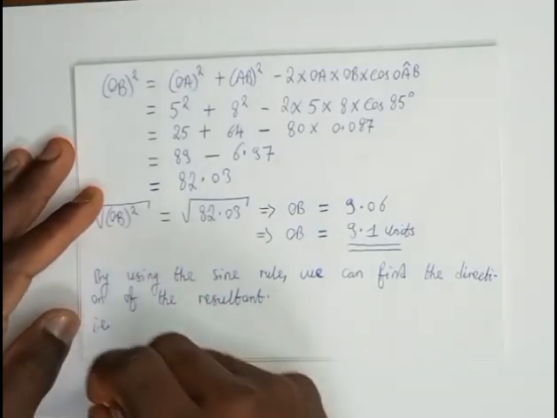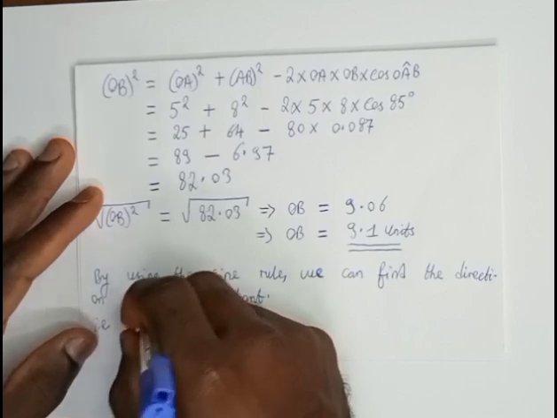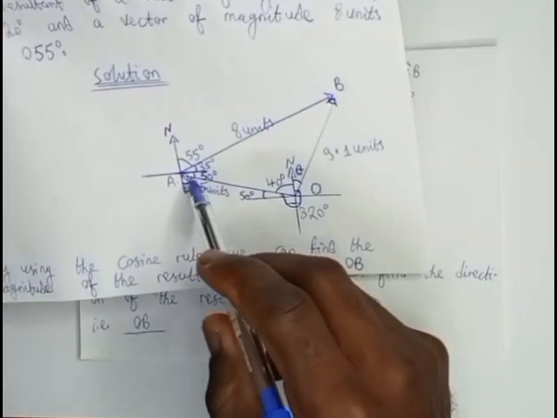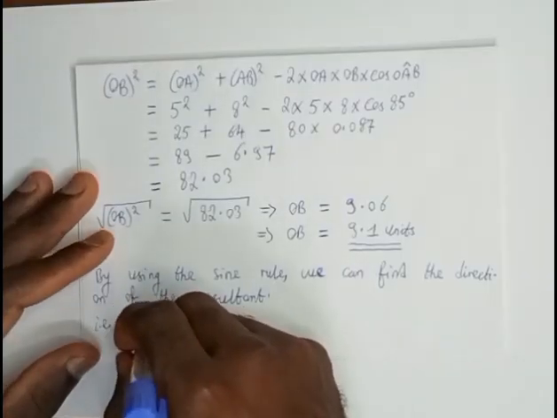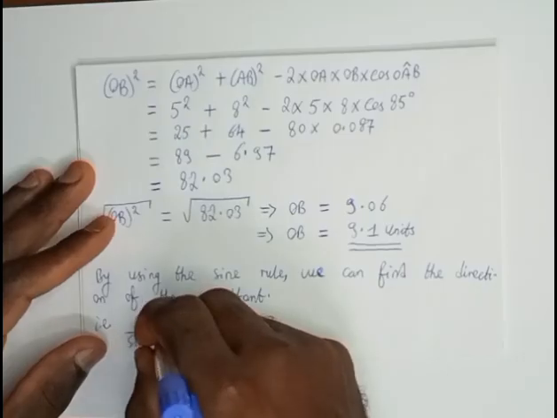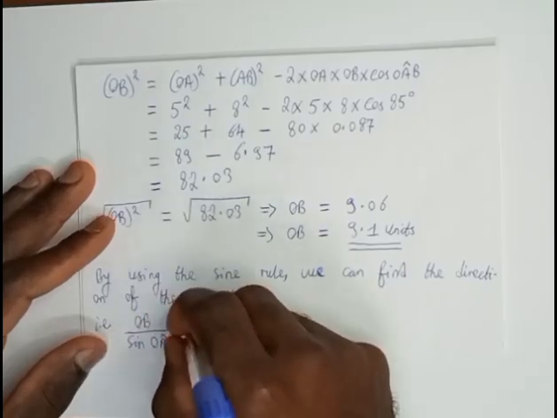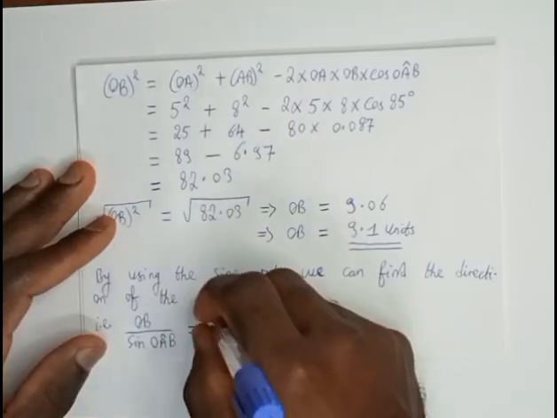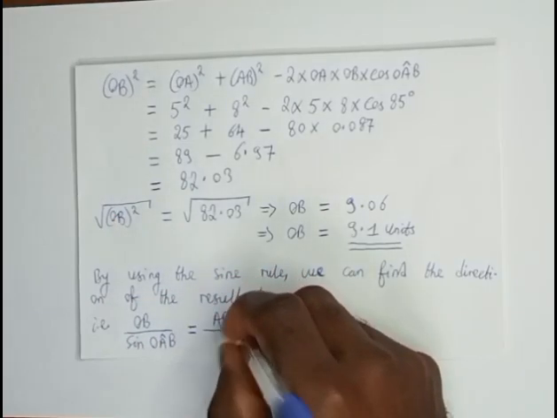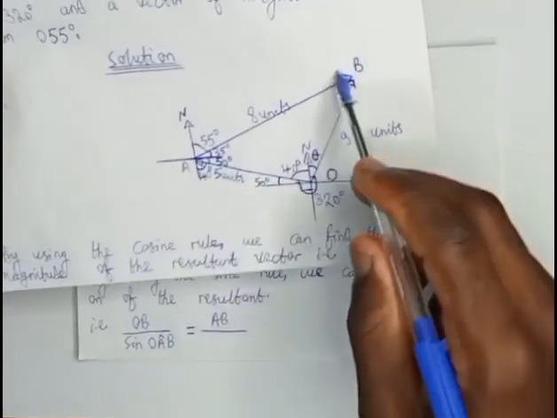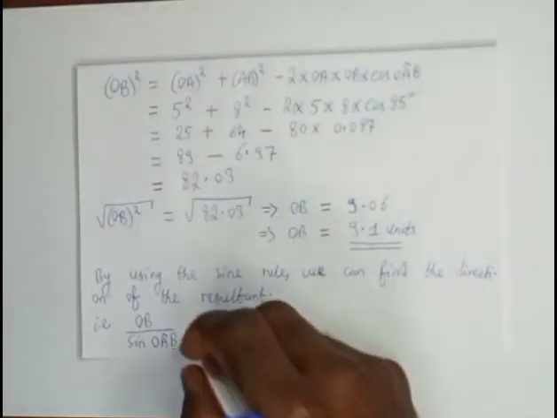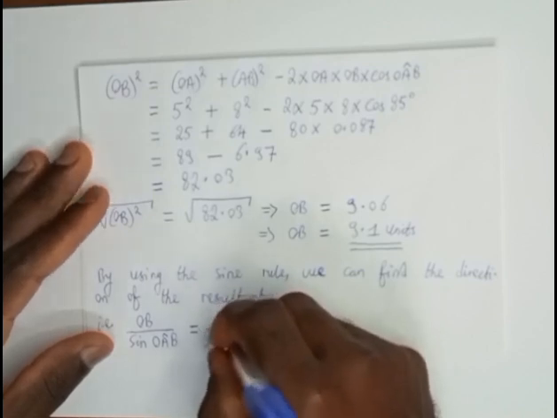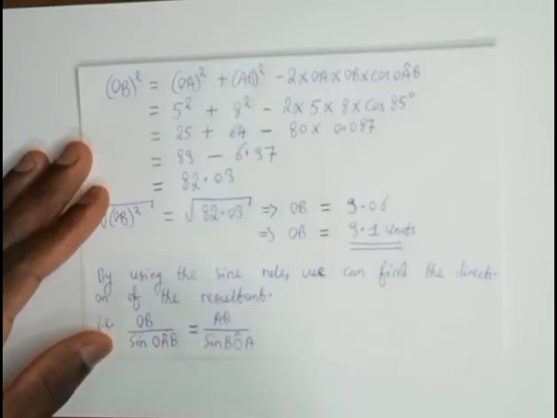That is, if we take OB over the sine of OAB, it will be equal to AB over the sine of BOA.